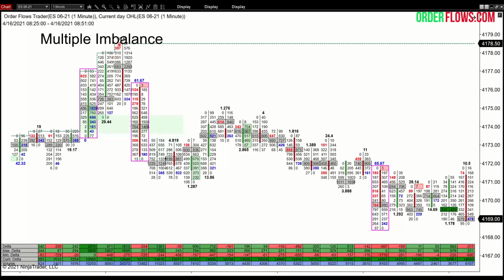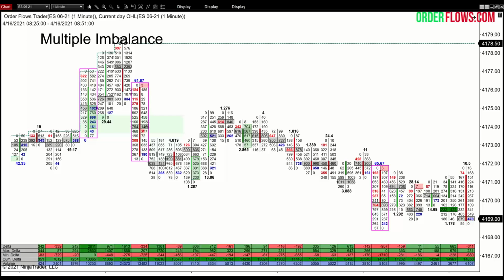We're going up and making new highs, right? In the E-minis here, right? On the way up, you take out the high, you got stacked buying imbalance. That's what you expect to see. You expect to see buying imbalances going up into the highs, but you hit that new high, 78.5. And then what do you see? Aggressive selling, multiple selling imbalances. 1, 2, 3, 4 selling imbalances.